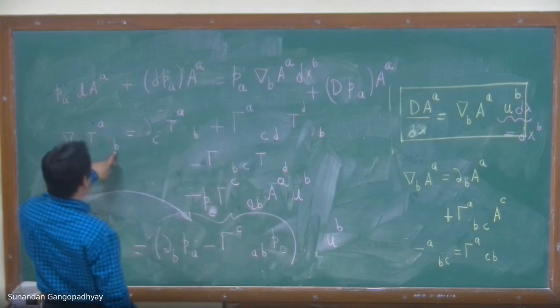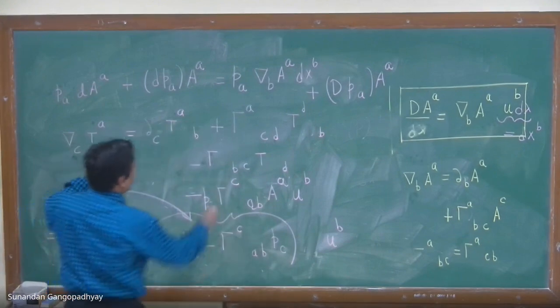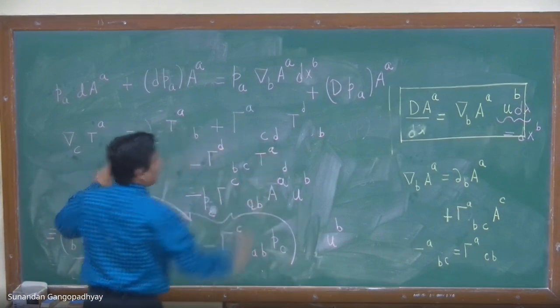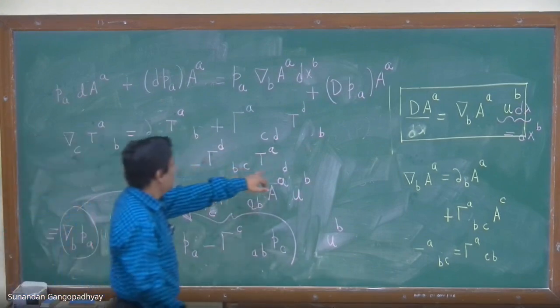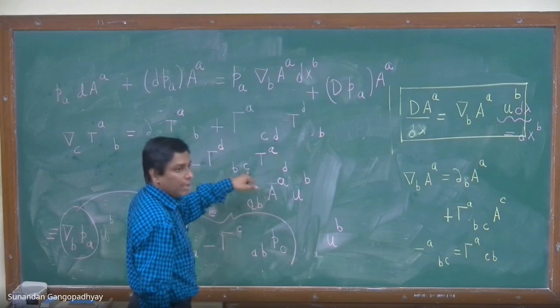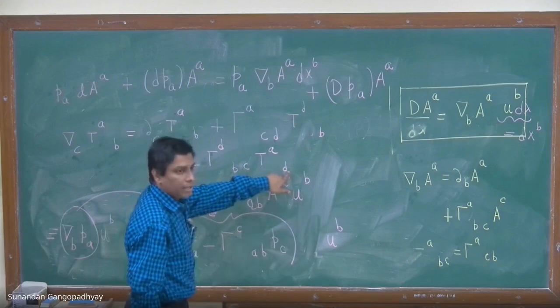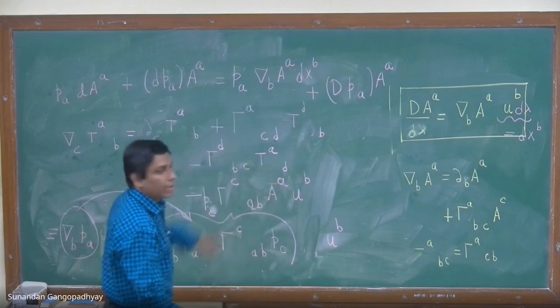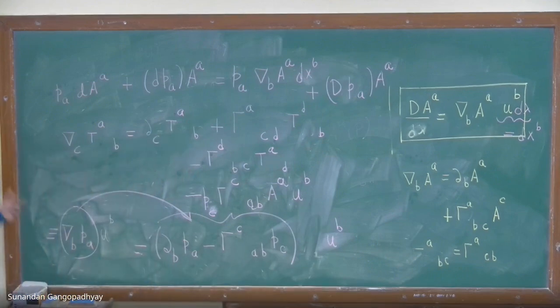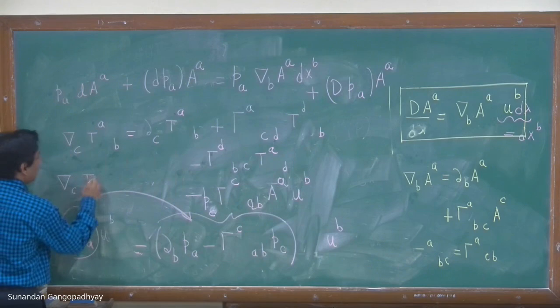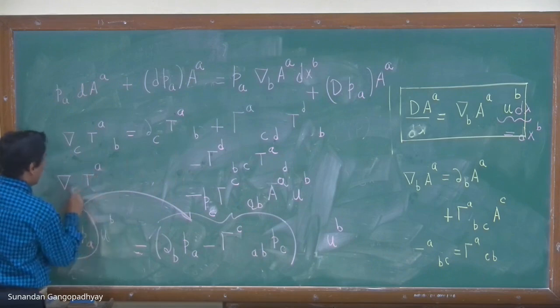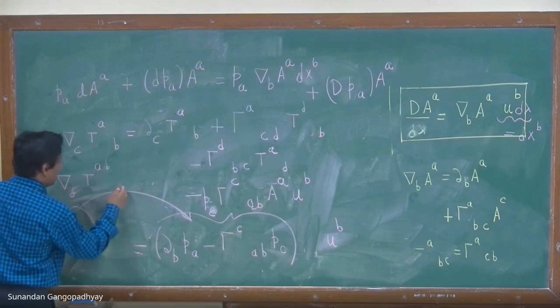This one will be B and this is A, because A remains fixed now, B comes here, C is always there, the remaining index is D, and B has to be contracted. So in this way you can generalize covariant derivatives.